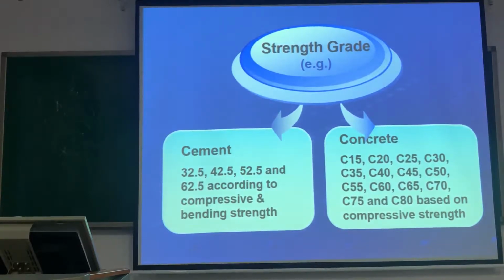So there is only 32.5 grade cement, but I want C80. So how can I make it? You mean you want to get C80? Okay, the first thing you need to use this one. And then you need to use a lot of admixture. Yes, admixture.